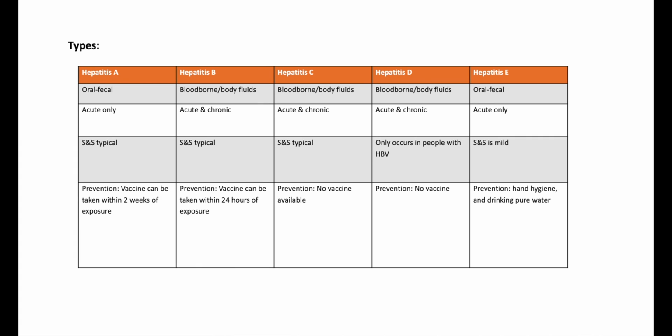Hepatitis E is a self-limiting disease, so hospitalization is generally not required. So those are the comparisons of the types of hepatitis.